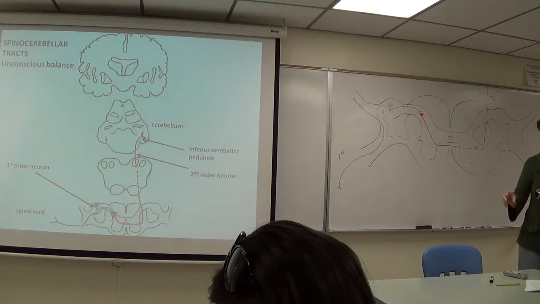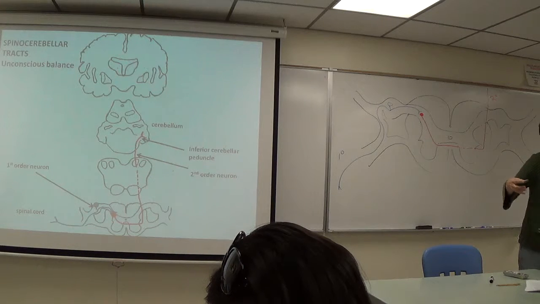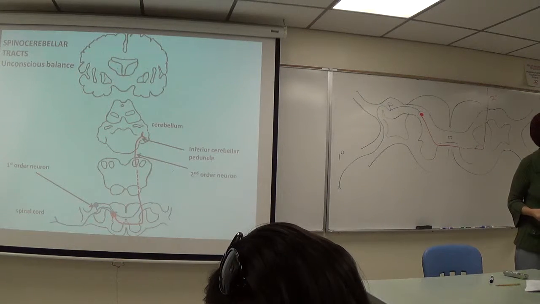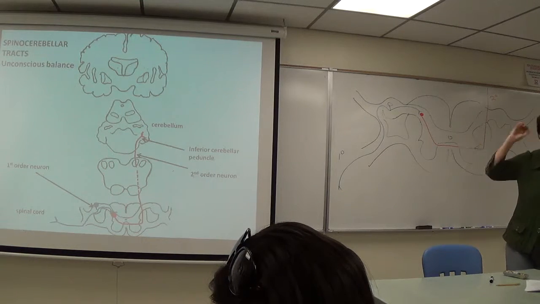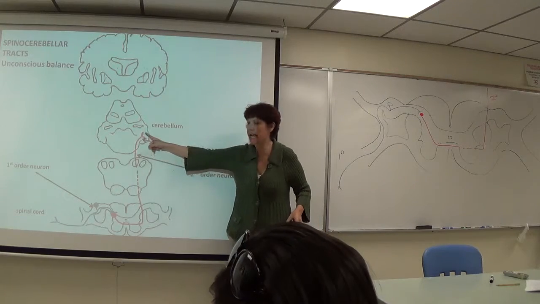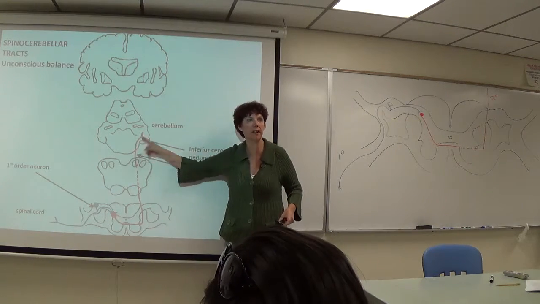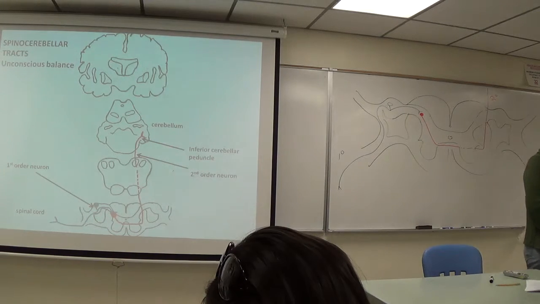Oh, my hand is headed off over, I better move it over here. Now it's too far, I better bring it back again. Whoops, I'm too high, I better go down. I don't have to keep thinking of all those steps, all right? So that information about where my body part is gets to the cerebellum via this second order neuron, and that's what forms our inferior cerebellar peduncle. Told you we'd be getting into the big picture here.